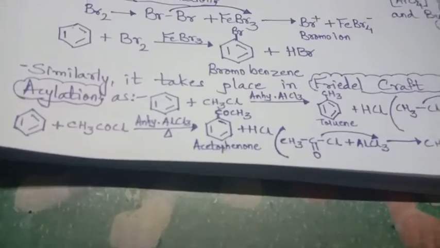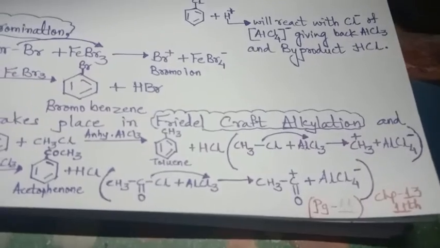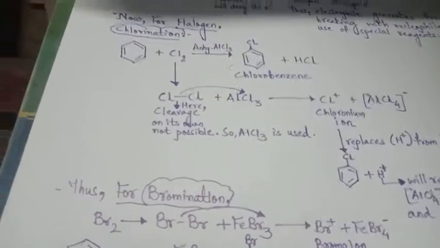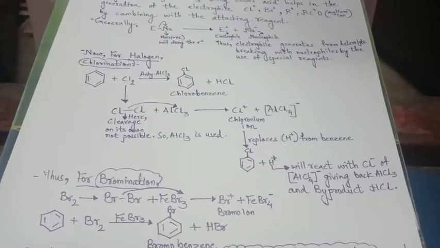CH3COCl gives acetophenone, and here CH3Cl when it reacts is giving alkylation, right? And this is the hydrohalogenation, right? So this is how the mechanism of electrophilic substitution reaction takes place on benzene. Thank you.